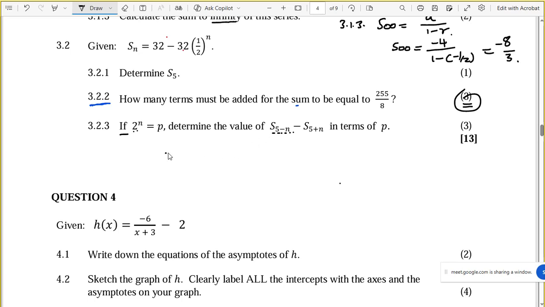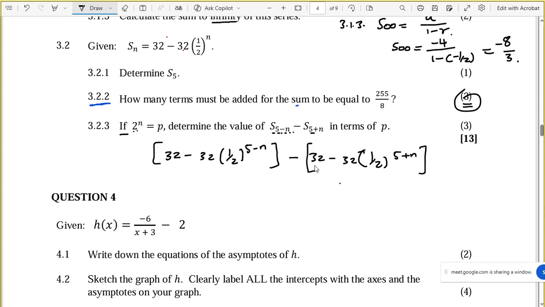So this will be 32 minus 32 into 1 over 2 to the power 5 minus n. Then we subtract s of 5 plus n, where there's n, we put 5 plus n. So this will be 32 minus 32 into 1 over 2 to the power 5 plus n. What do we get when we substitute those two?